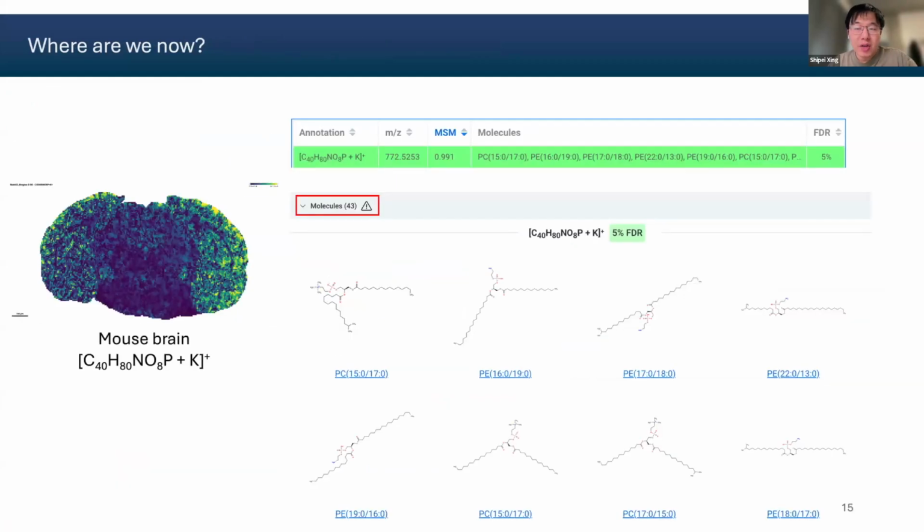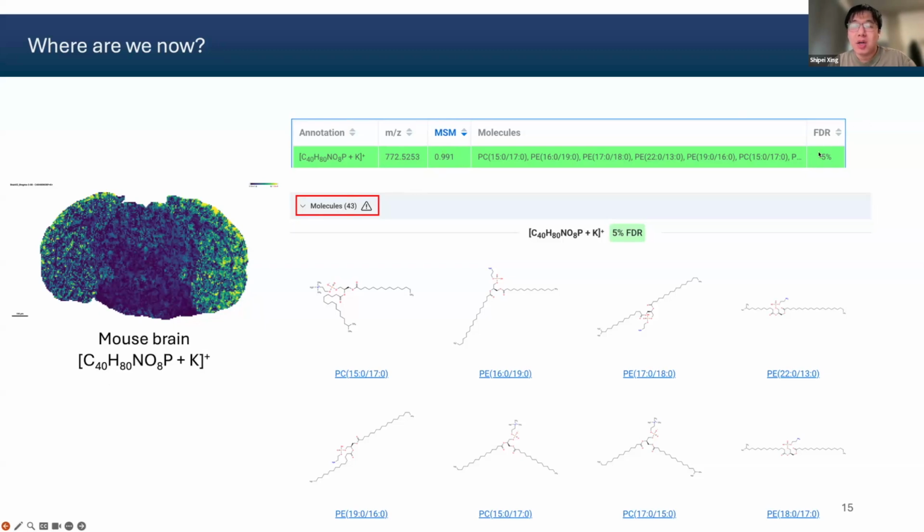And here is an example annotation on METASPACE. You can see this is a mouse brain dataset, and this is a putative lipid molecule with a very high MSM score and a very low FDR estimation of 5%.